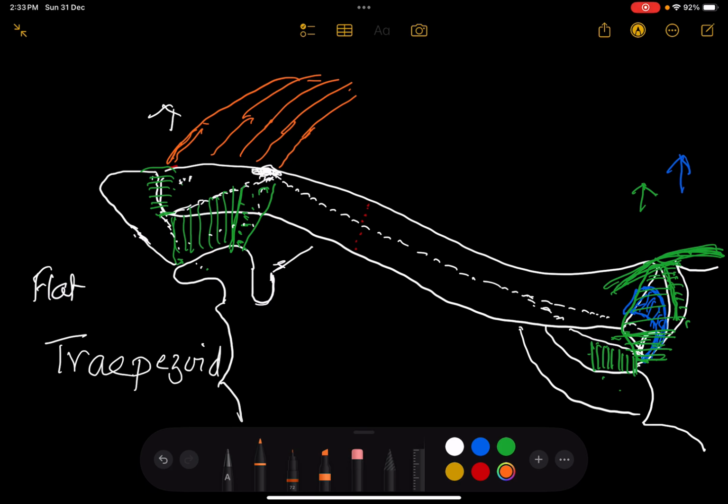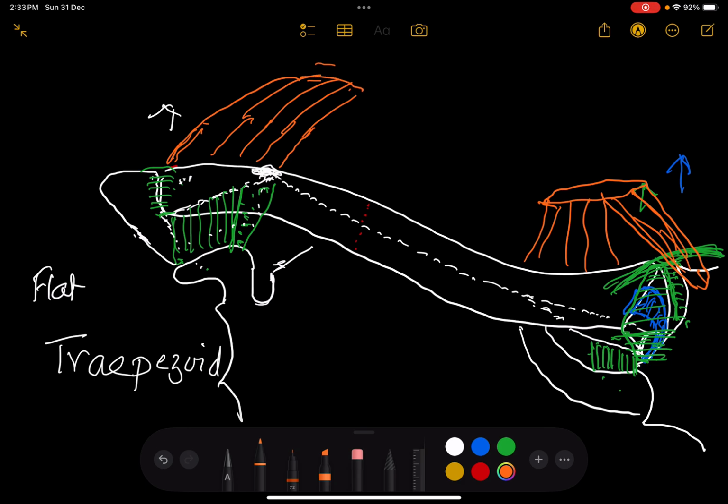On the posterior border, on the medial side, is attached a muscle which is called the sternocleidomastoid. So this is the clavicular head of the sternocleidomastoid.